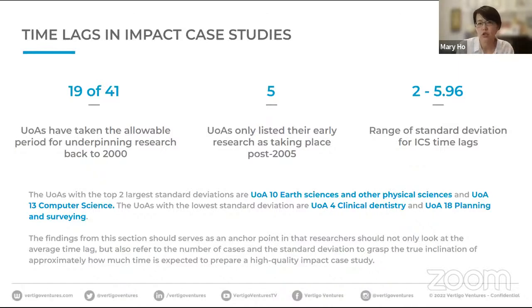It should serve as an anchor point for us, academics and universities, in that we should not only look at the average time lag, but also refer to the number of cases and the standard deviation to grasp approximately how much time is expected to prepare a high quality impact case study.